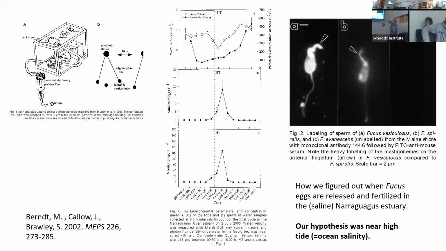It really lights up. And that is the part that first attaches to the egg membrane. So it's probably detecting with this monoclonal a lot of receptors. And so that was good.